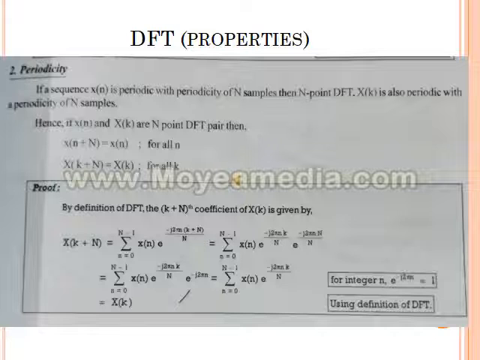We say the signal is periodic if and only if it repeats itself after some regular instance of time.